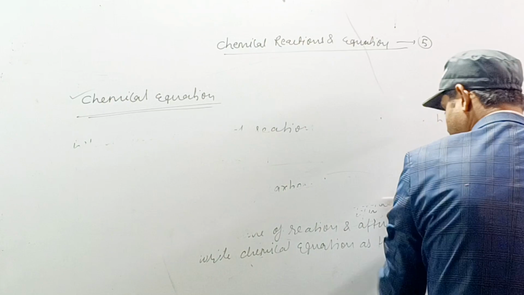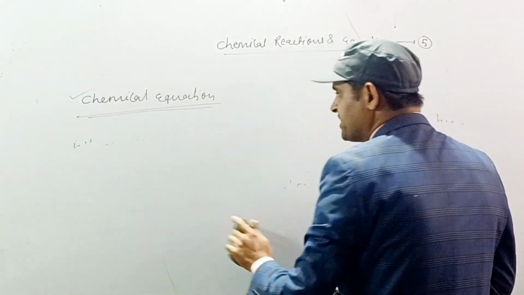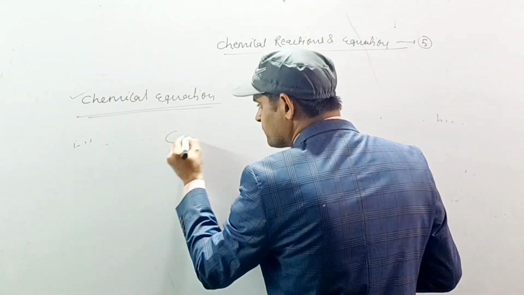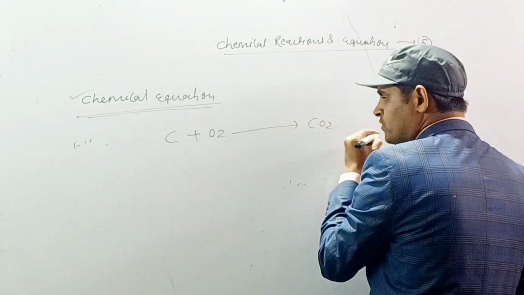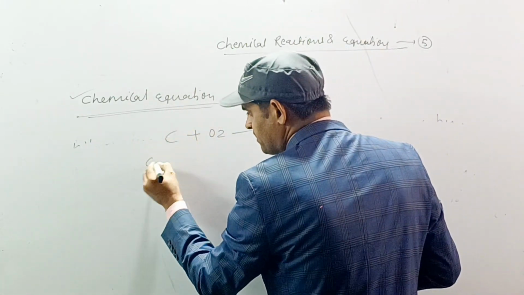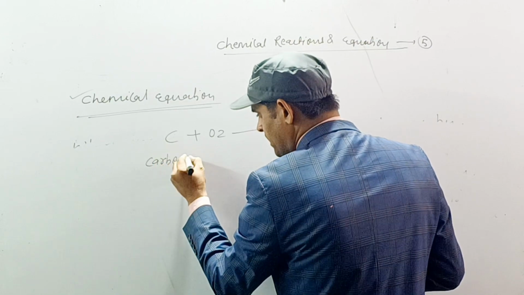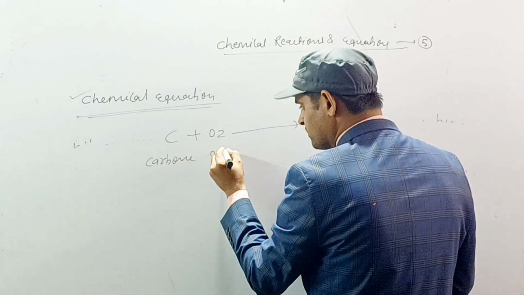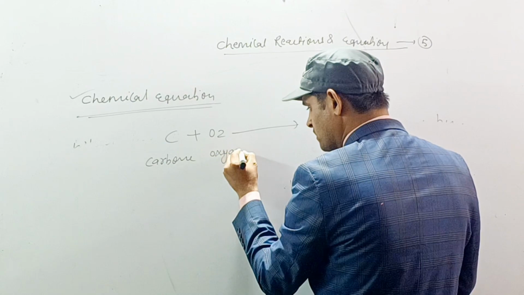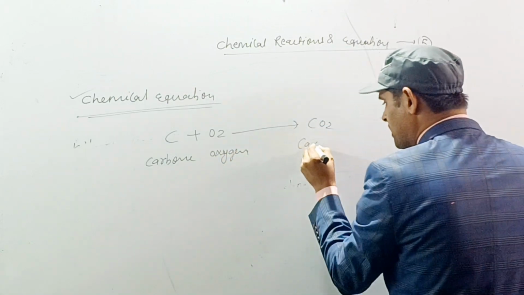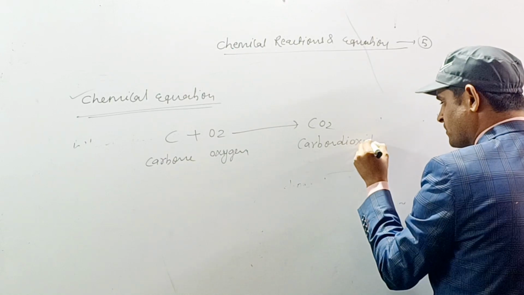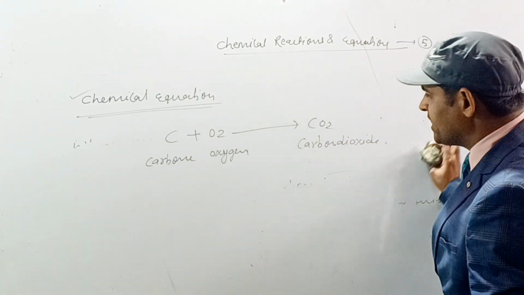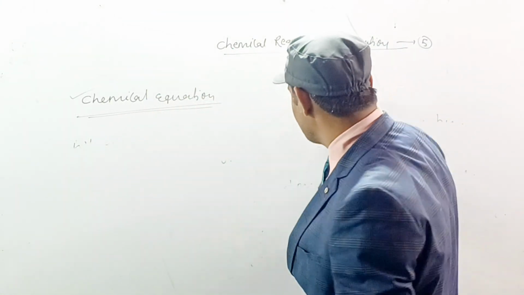What is the chemical equation? It will be written as carbon and oxygen to form carbon dioxide. This is the chemical equation. Another example we will take for chemical equations.